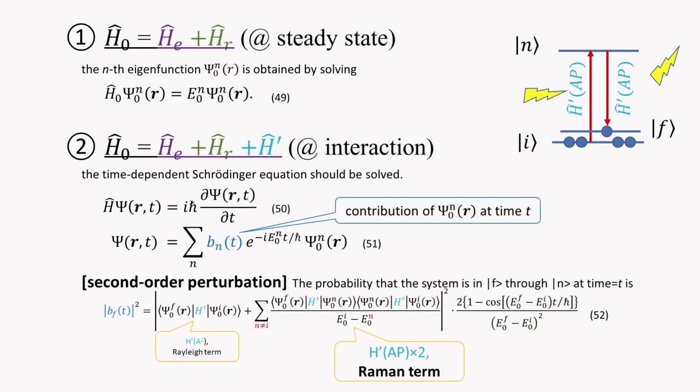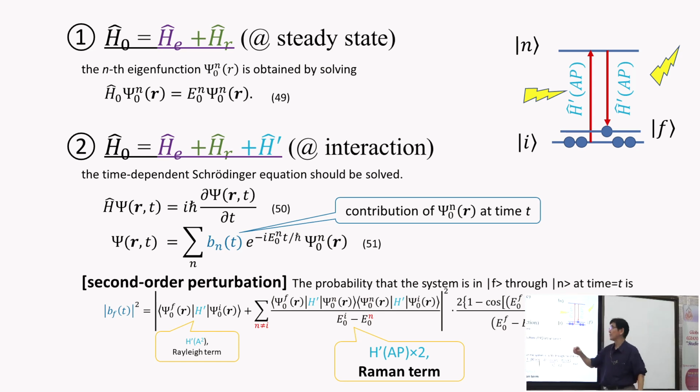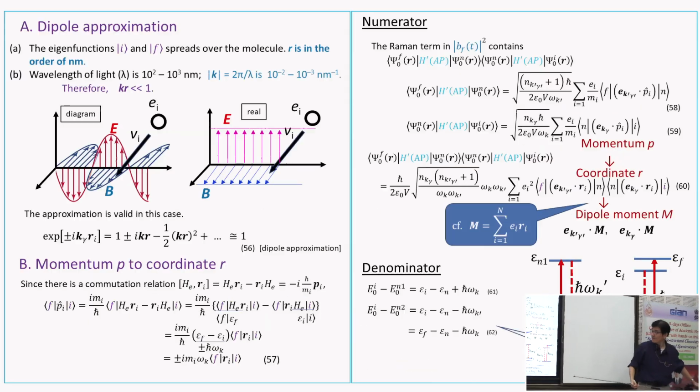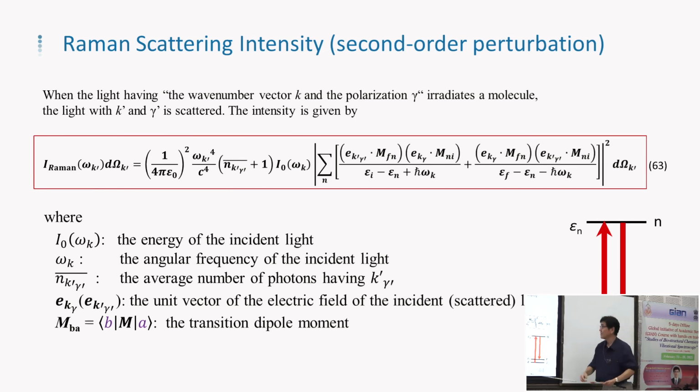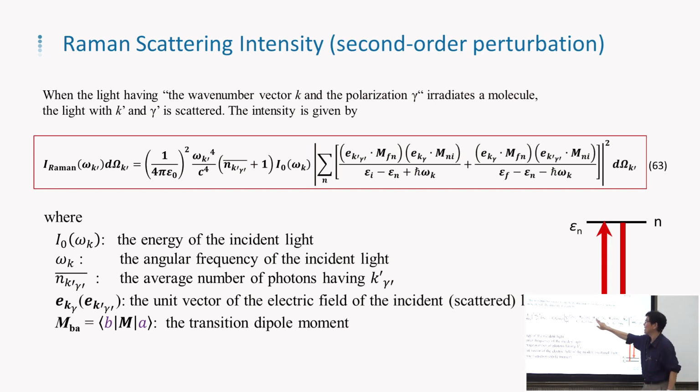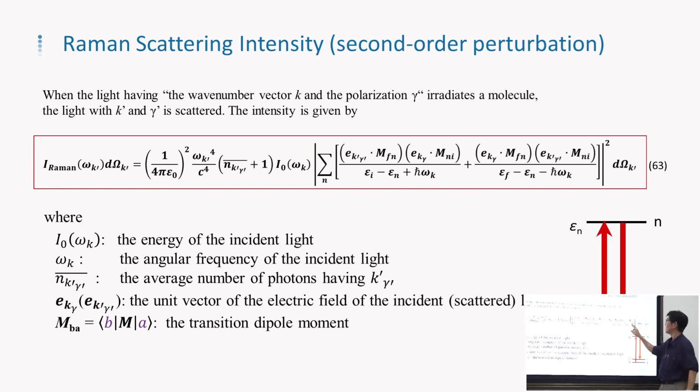This process contains the transition from I to N, N to F. So there are two transitions, I to N, N to F, right? Accordingly, the moment includes the transition moment from I to N, N to F. Okay?